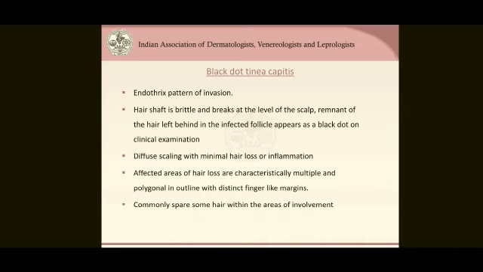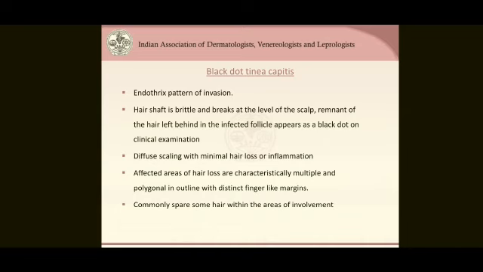Black dot Tinea capitis is an endothrix pattern of invasion wherein the hair shaft is brittle, breaks at the level of the scalp, and the remnant of the hair left behind in the infected follicle appears as a black dot on clinical examination. It will present with diffuse scaling with minimal hair loss.